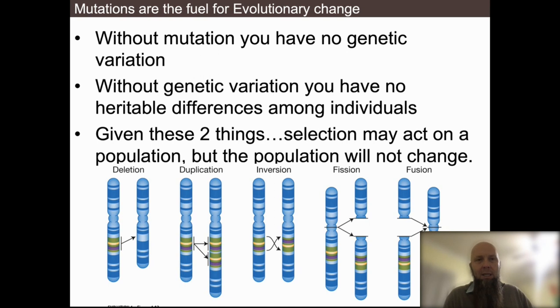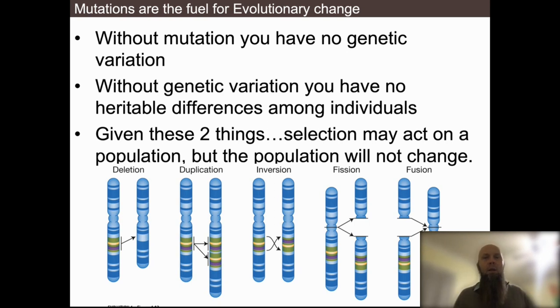My kids might be lazy. Those traits that I have that were subject to selection, that's not heritable. And so my kids might be slow and weak and have low survival. Okay. We need genetic variation that causes the differences in the population. And those differences that are selected upon must be heritable.